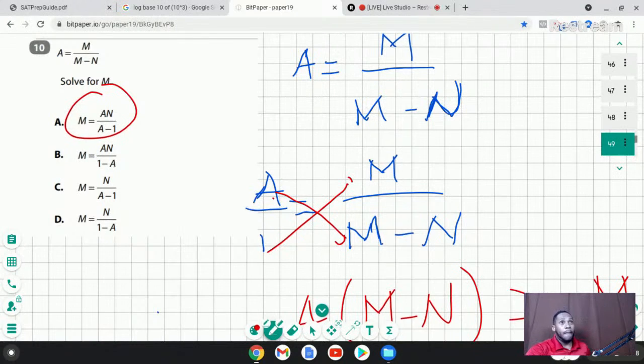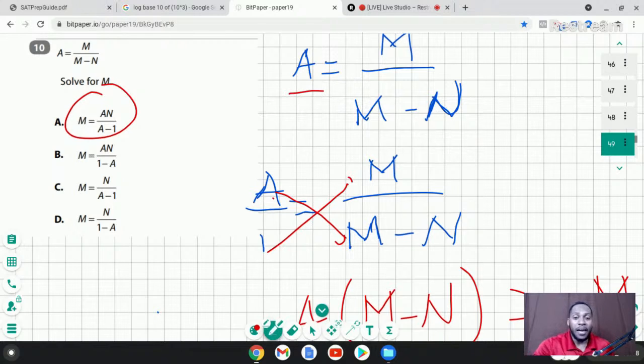That's it. So how did I get to the answer? The first thing that I did, I said, okay, what did they ask me for? They asked me for m. So the easiest way to solve for m is to get everything that has m to one side of the equality. In this case, you had a times m divided by some other stuff.